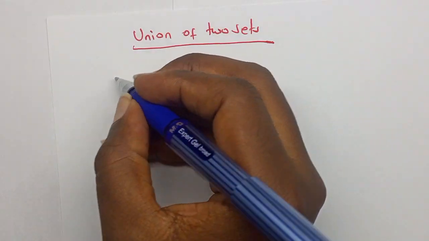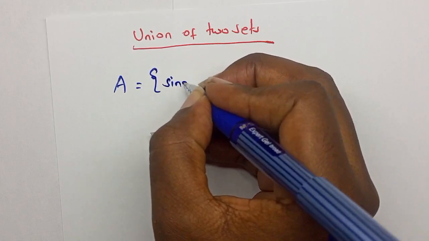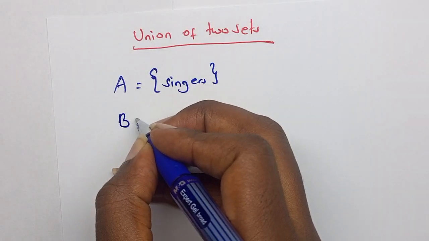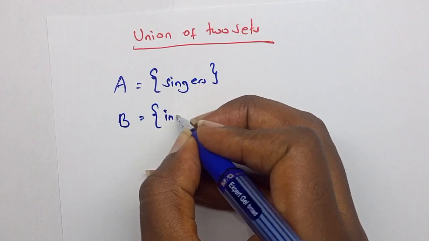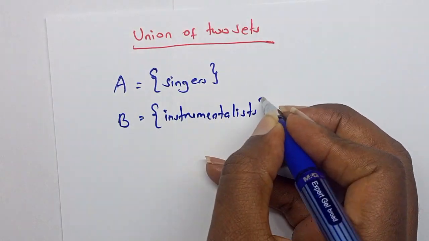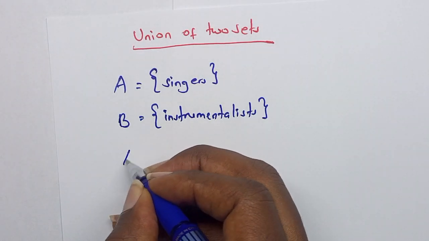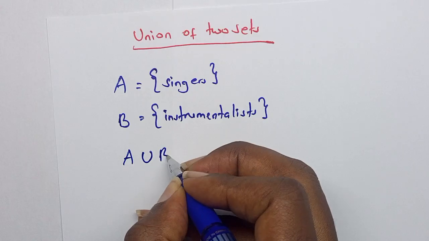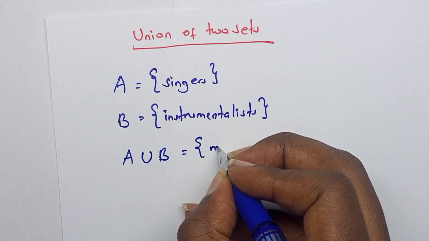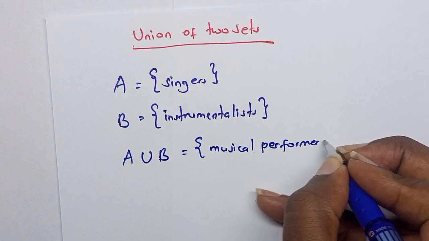If you have set A with elements of singers, and you have set B, which has elements of instrumentalists, now you can say set A union set B, which is represented by this, is equal to a set of musical performers.